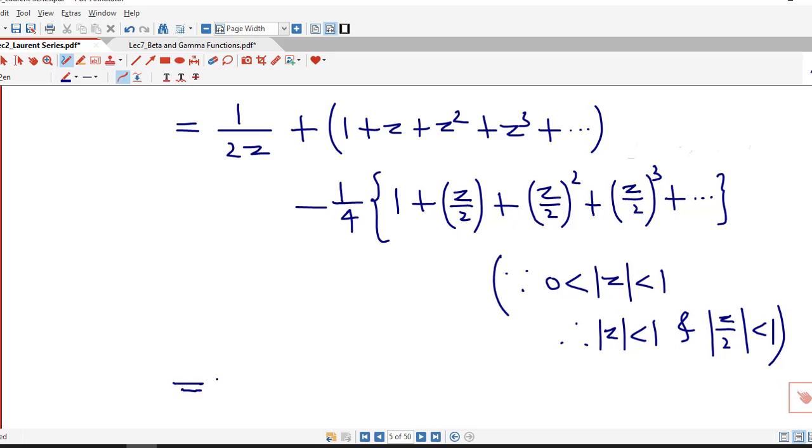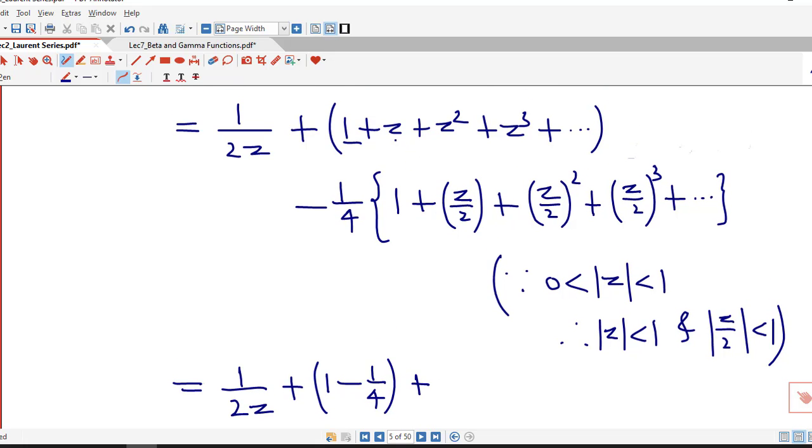Now we consider common powers of z, and common powers of z we collect here. We have 1 by 2z, and if we consider constant terms, then here 1 is constant term, and if we multiply this minus 1 by 4 with this, another constant term is minus 1 by 4. So we consider 1 minus 1 by 4. Similarly, we collect power of z.